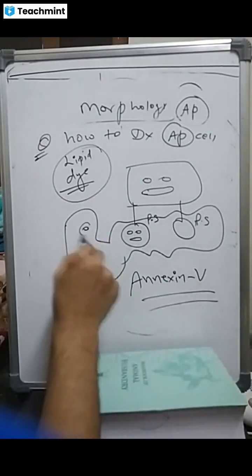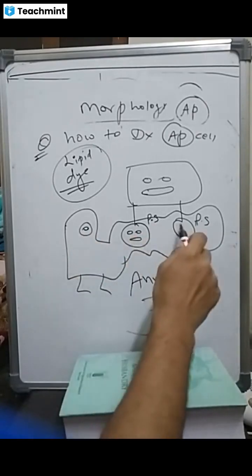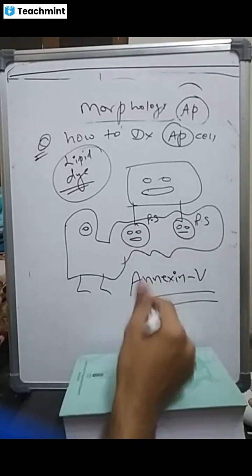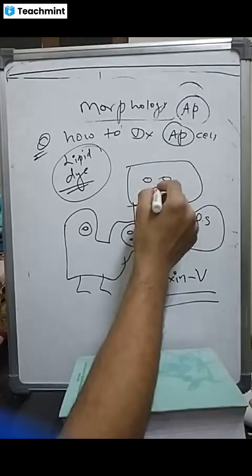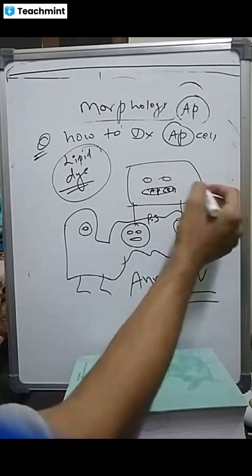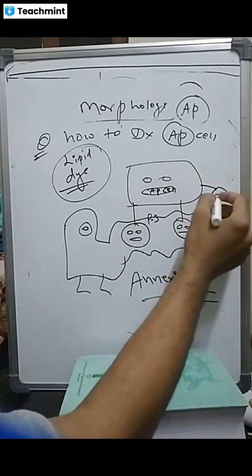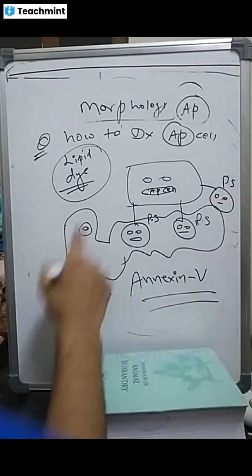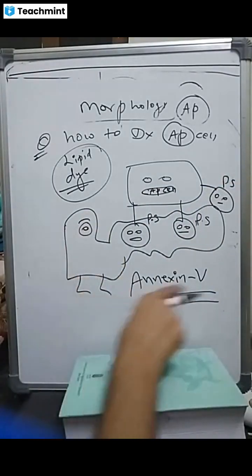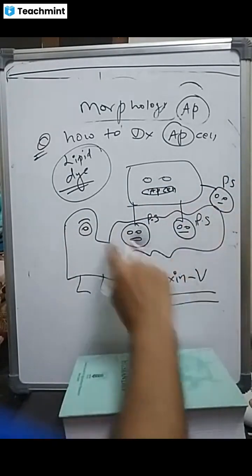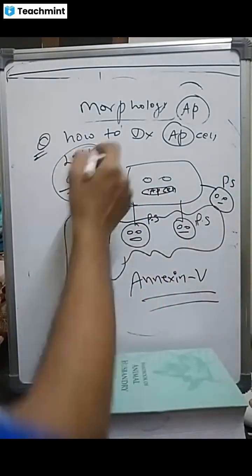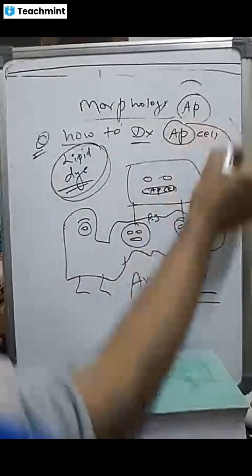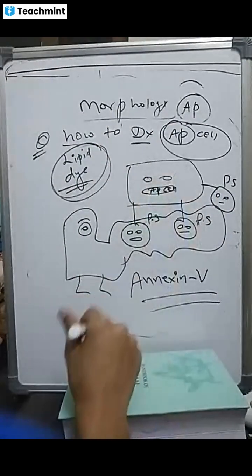This annexin V will bind with the phosphatidylserine. So this is an apoptotic cell which has phosphatidylserine outside. This dye, annexin V, will bind this molecule. So this lipid dye, annexin V, helps to diagnose apoptotic cell from the normal cell.